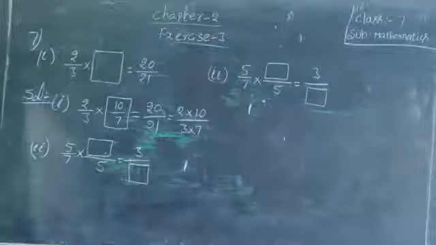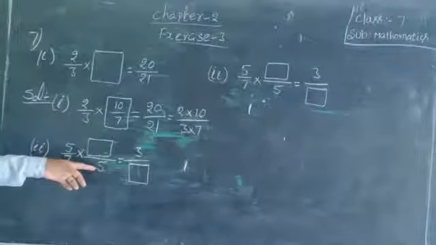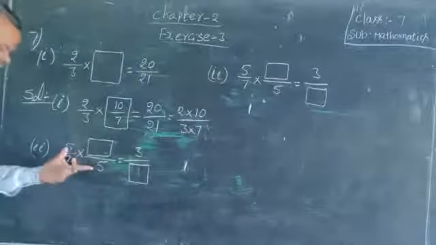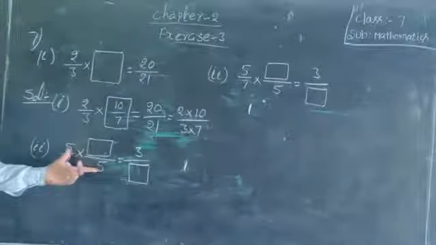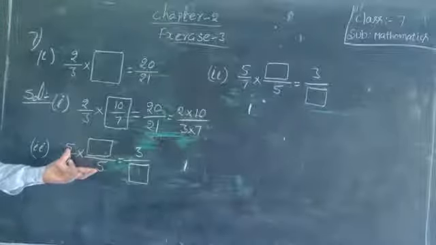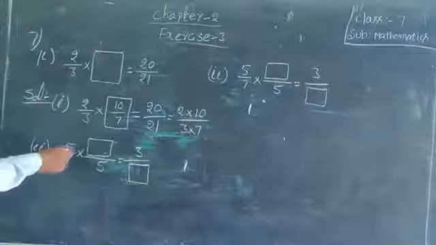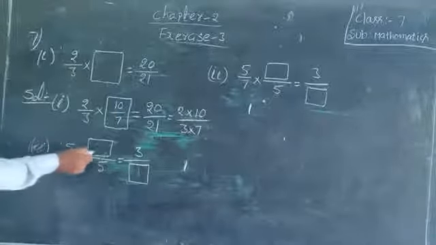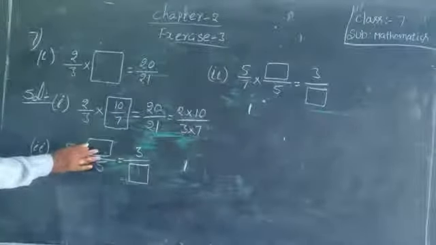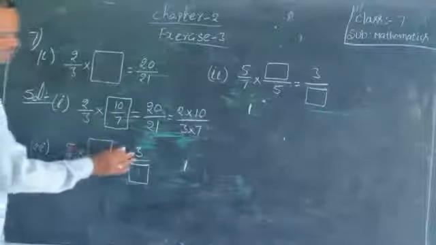So here 5 and 5 is there. So we are cancelling the fifth table. 5 ones and 5 ones are cancelled. So these two values are cancelled. So here the remaining value is there.